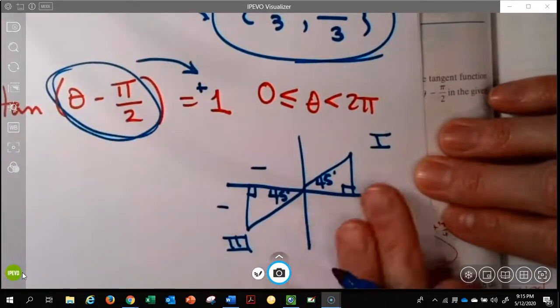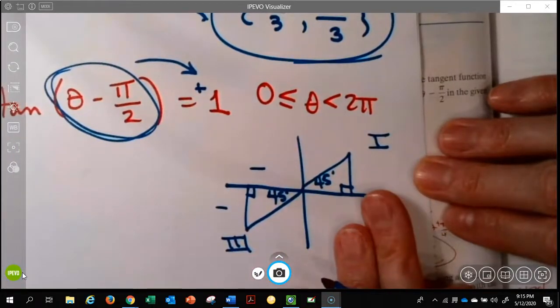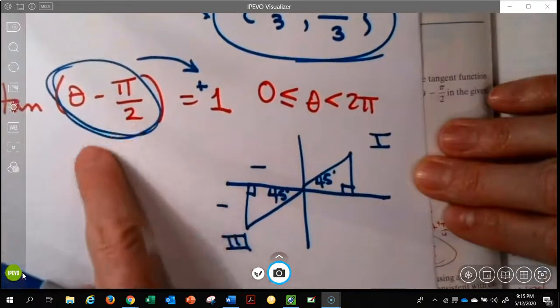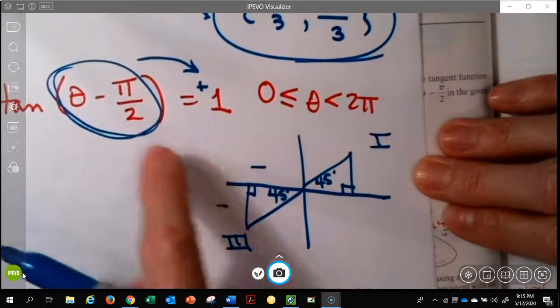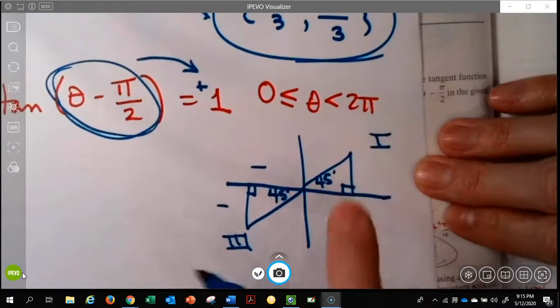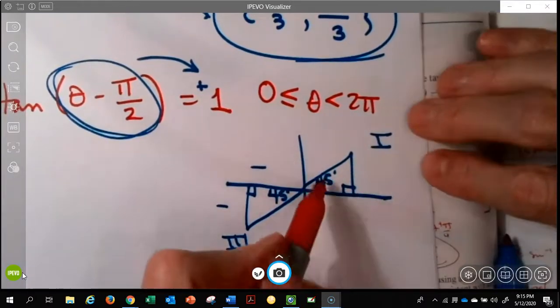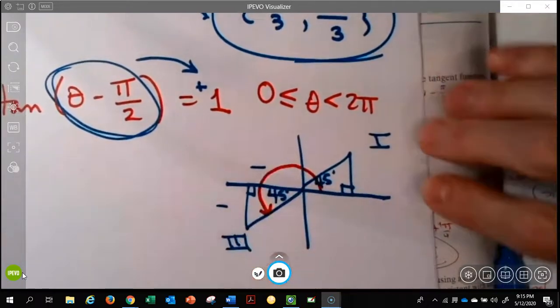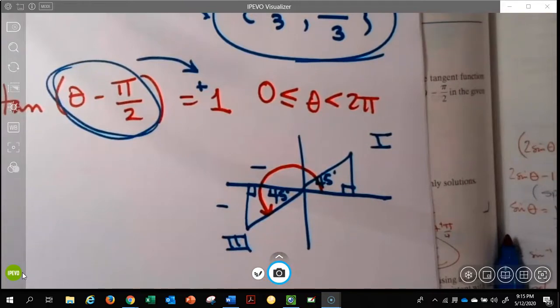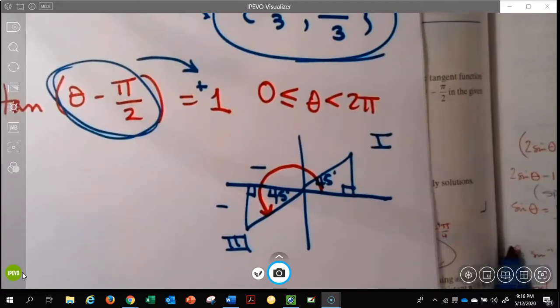So either one of these places is telling me that this junk right here, inside the parentheses, is either going to be a 45-degree angle or whatever angle it is all the way around to here. Remember, we are using radians, and so I'm going to need to talk pi over 4.